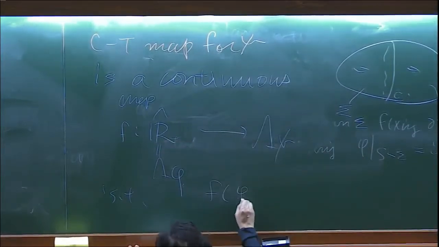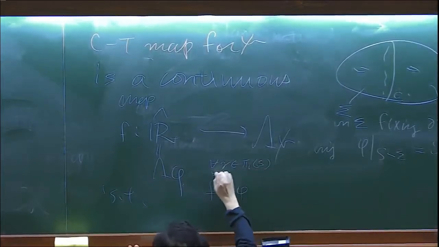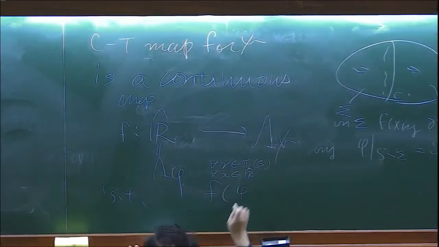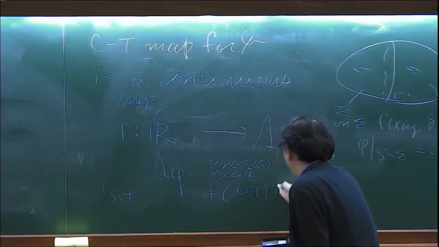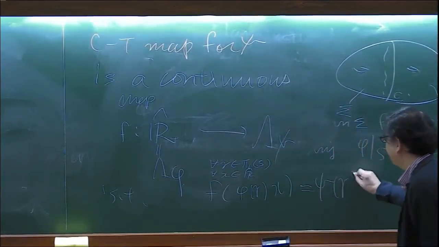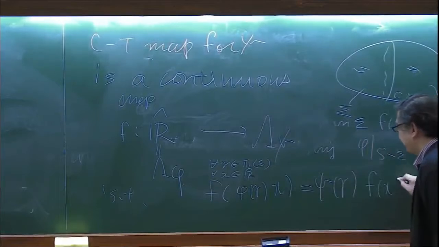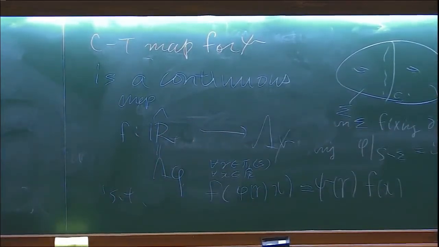So for any gamma in the pi1 of S, and any point x in the one-point compactification R, the image of phi(gamma) x is equal to psi(gamma) f(x). So the map is equivariant with respect to the actions of phi and psi.